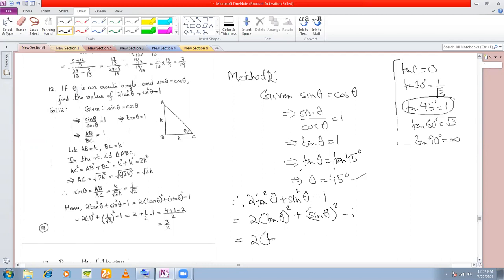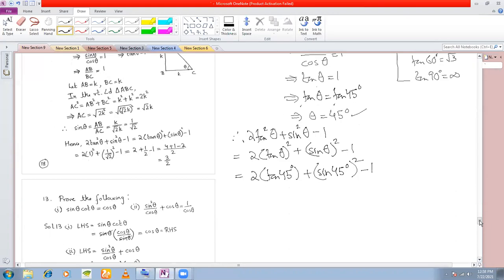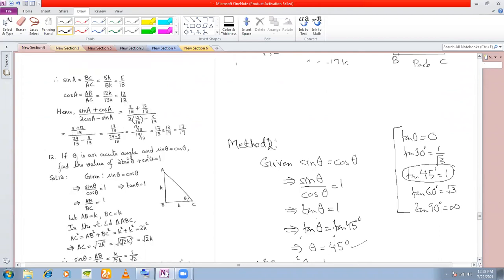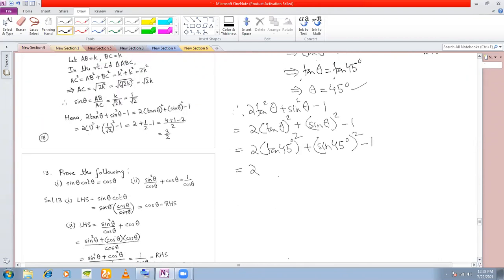Put the value. 2 tan 45 degree square plus sine 45 degree square minus 1. Now tan 45, the standard value is here. Tan 45 is how much? 1. Put it here. 2 into 1 square plus.